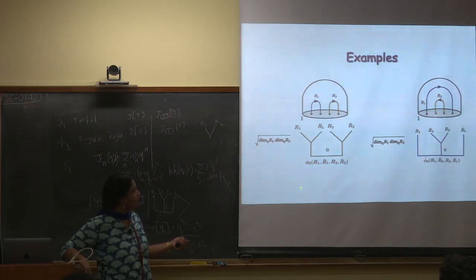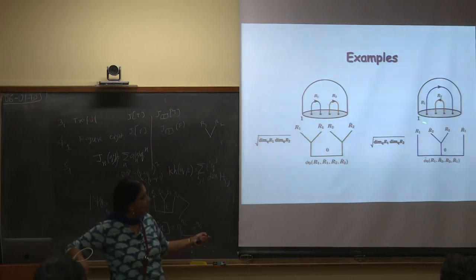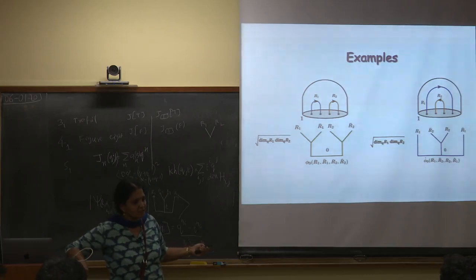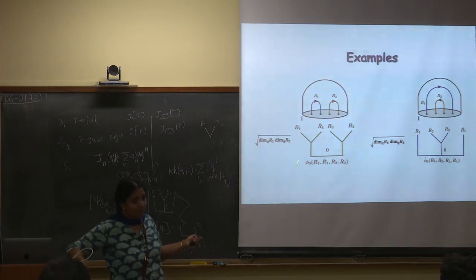You can always break it up into either an S channel or a T channel or a combination of S and T. Let's look only at 4-point conformal blocks, I am not going beyond that. If you have fundamental and anti-fundamental, you can get singlet or adjoint. These are the two channels. Correct, both of them will have their own conformal block.